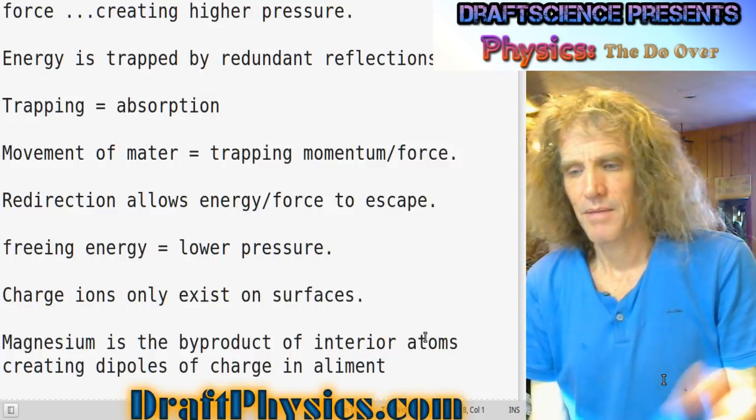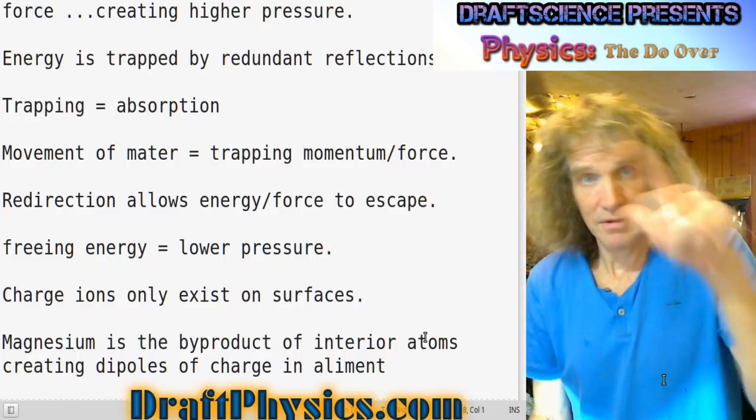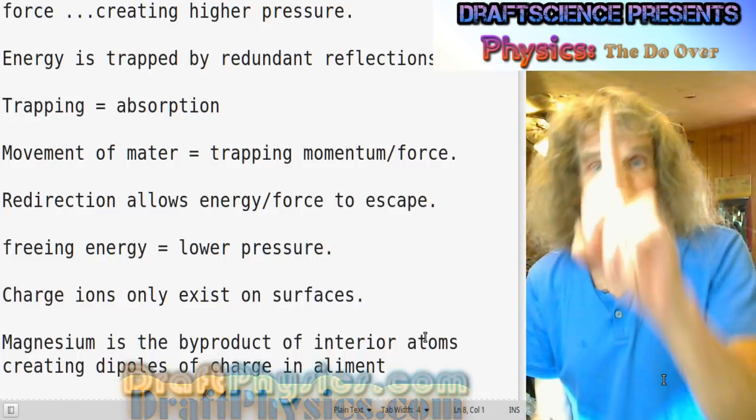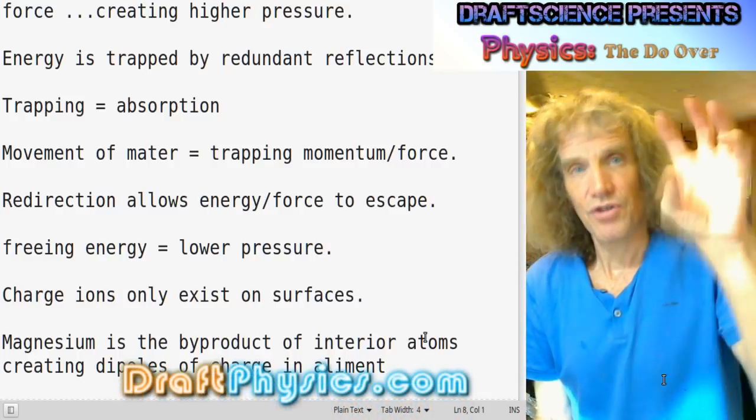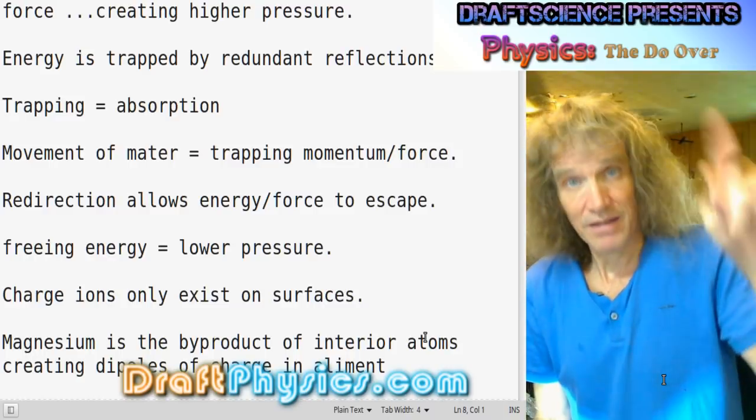So magnetism is a byproduct of the entire substance being used to redirect energy, where charge is entirely the reflective argument.